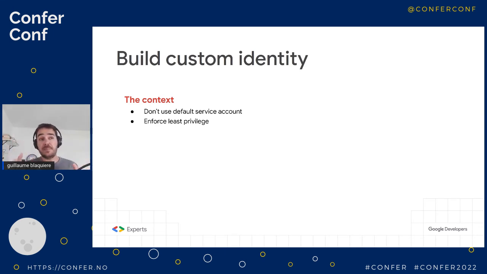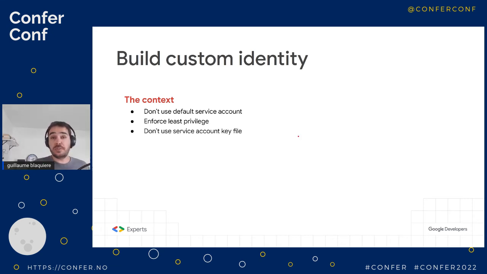If you use the same service account, you have to grant the service account access to the production secrets and to the development secrets. And so you don't have least privilege because the same service account has access to dev and prod secrets. It's not very secure at the end.